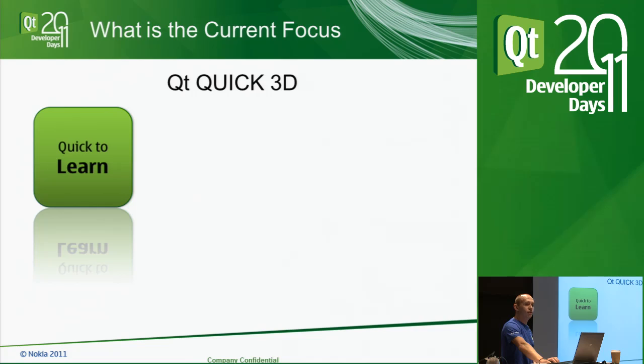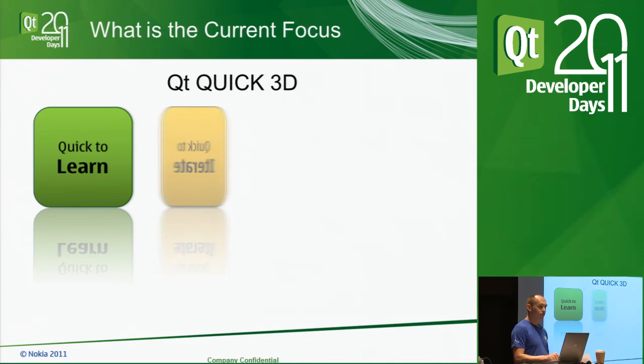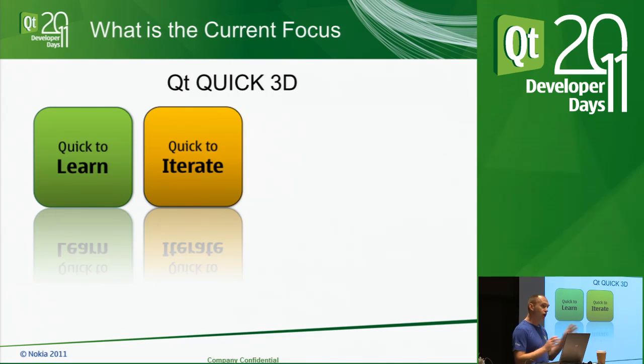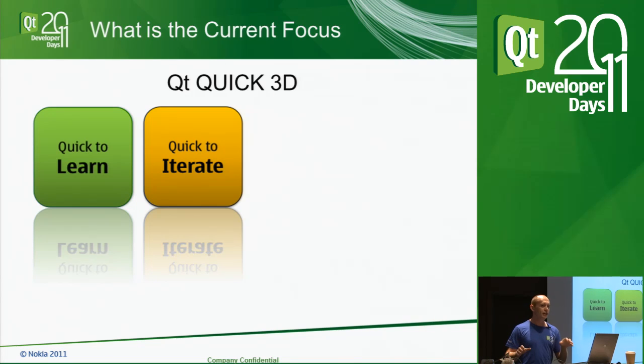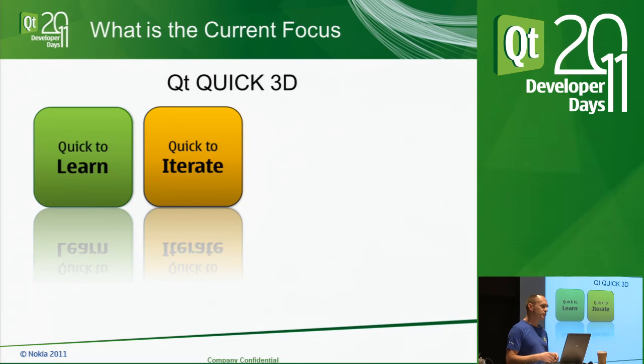It's easy to learn Qt Quick 3D because it's a language which is tractable to both designers and coders alike. It's very straightforward. It describes what is going to be there. It creates that dialogue between developers and designers. And from my point of view, coming from both a code and a human factors background, this is a major thing. It's quick to iterate. We can go backwards and forwards between the designer and the developer super quick.